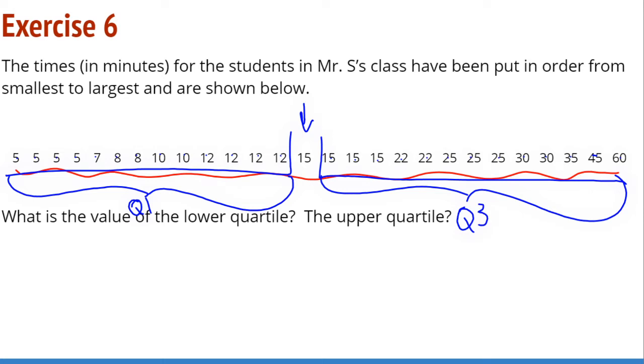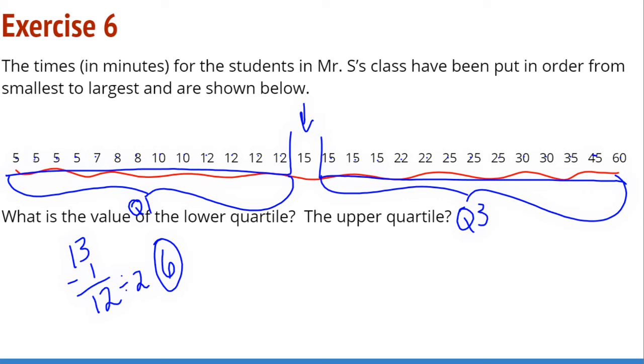So I've got 13 numbers here, which means, because it's an odd number, that the median is going to be one of the numbers. So I'll take the median away, and I'll be left with 12 numbers. I divide it by 2, and I find that I have 6. 6 that will be before quartile 1, and 6 that will be after quartile 1.